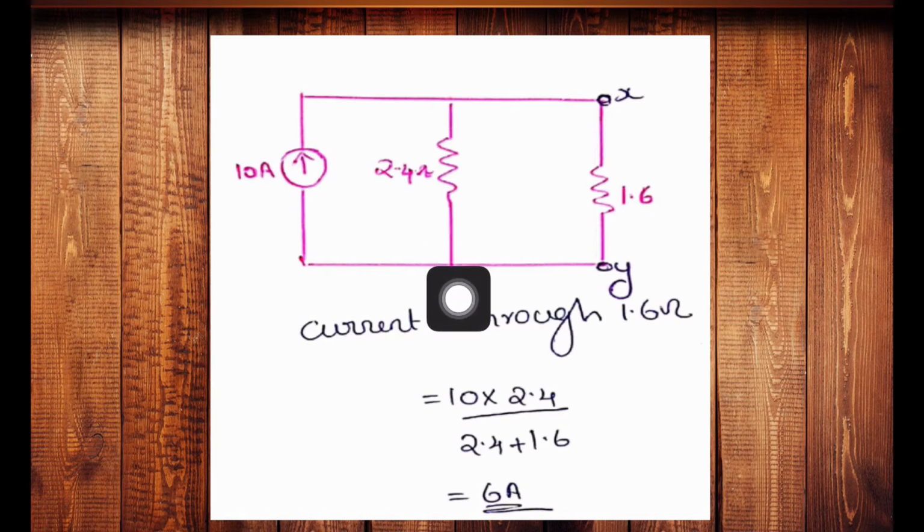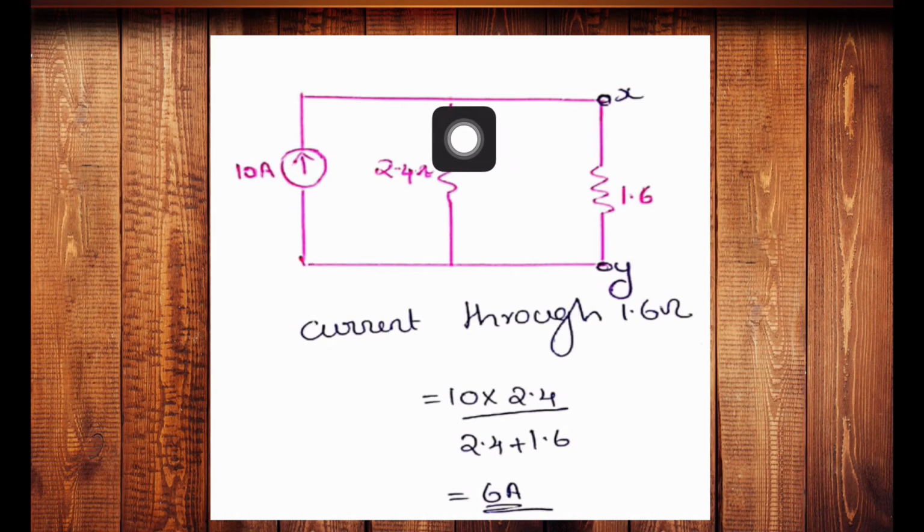Hope you remember in the question we are asked to find out current through a 1.6 ohm. So for completing the network, we reconnect that 1.6 ohm, and here we obtained a simple equivalent circuit of the electrical network given in question. Alright.